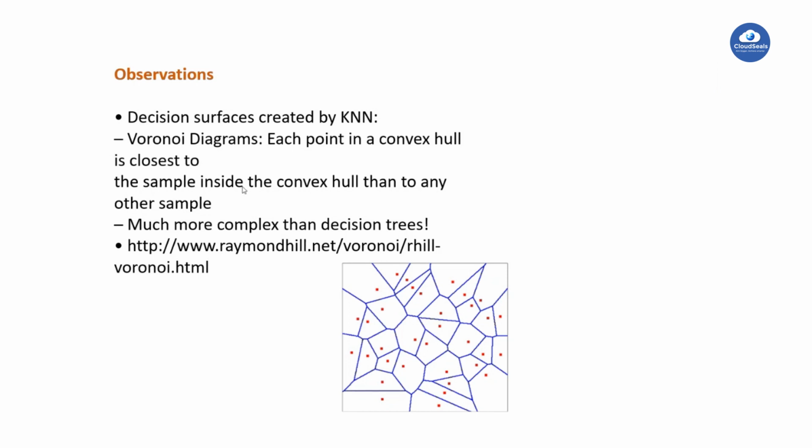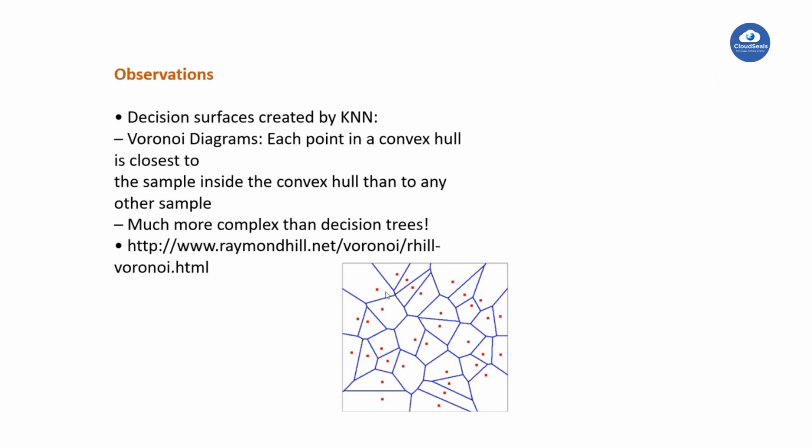First, what is the decision surface created by KNN? In hierarchical clustering, this diagram is what we call a dendrogram. For the decision tree, the name itself says it is a tree. Like that, this diagram is the Voronoi diagram. Each point in a convex hull is closer to the sample inside the convex hull than to any other sample.